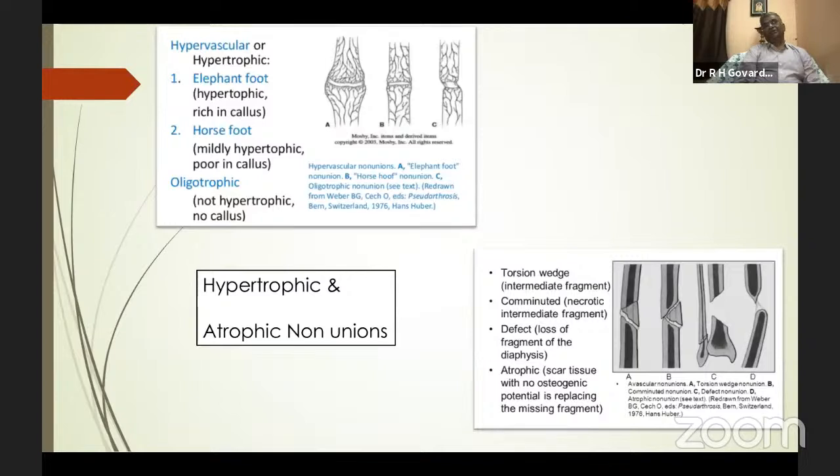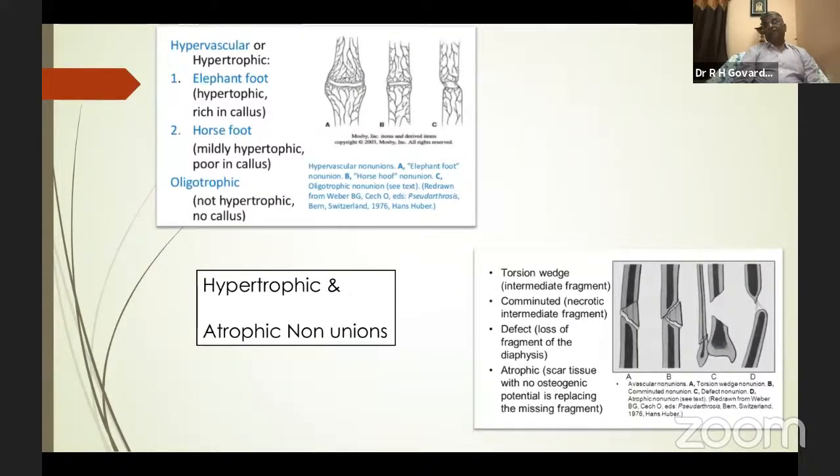Atrophic non-unions have varieties shown here. One is a torsion wedge, where a third fragment is in contact with the proximal fragment but not with the distal fragment, which leads to delayed union and non-union. A comminuted third fragment, the second variety, is a cause for non-union because of avascularity of that fragment.